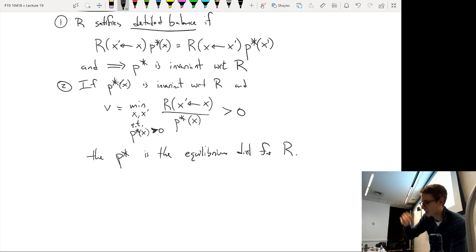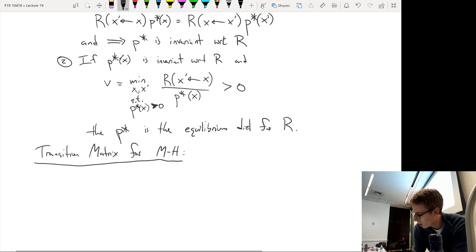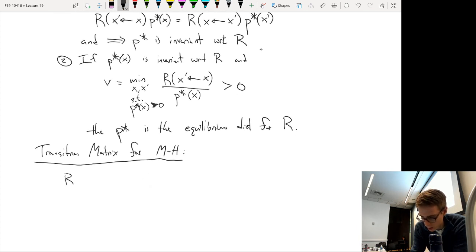And so now we can actually tie this all back to the algorithm. So the transition probabilities, or the transition matrix for Metropolis-Hastings, we could actually write that out. Right? Like, what does the transition matrix of pairs of states, x from state xi, what does that actually look like?